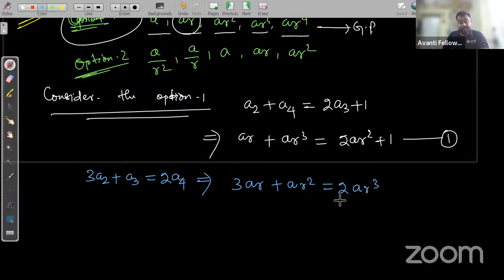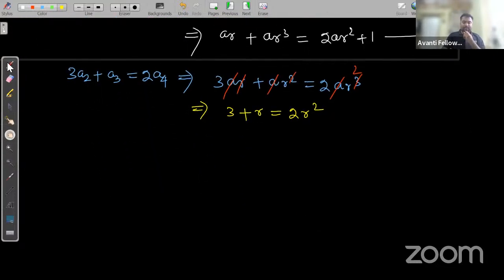Okay, so in this equation A gets cancelled from both sides, and also R can be cancelled out. So finally what we have is 3 plus R is equal to 2R square, right?